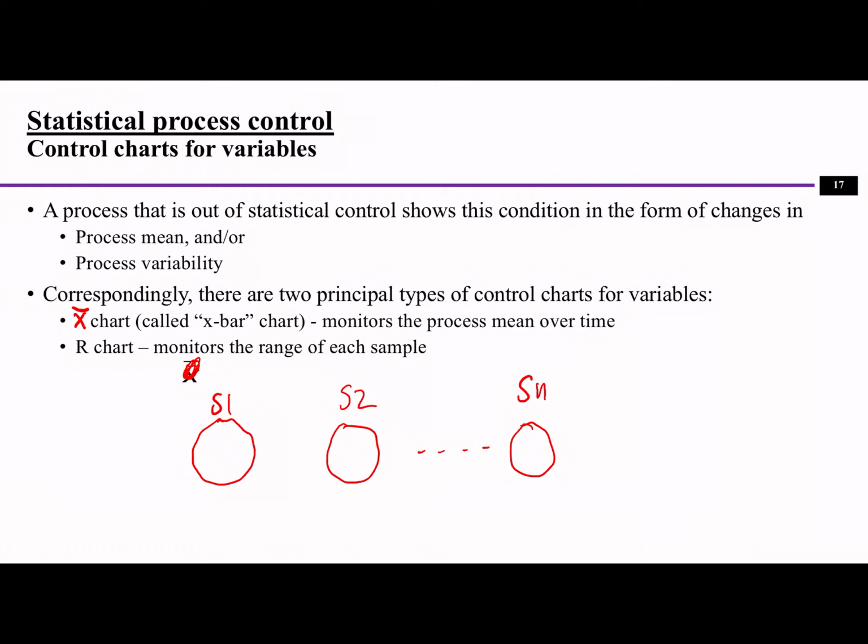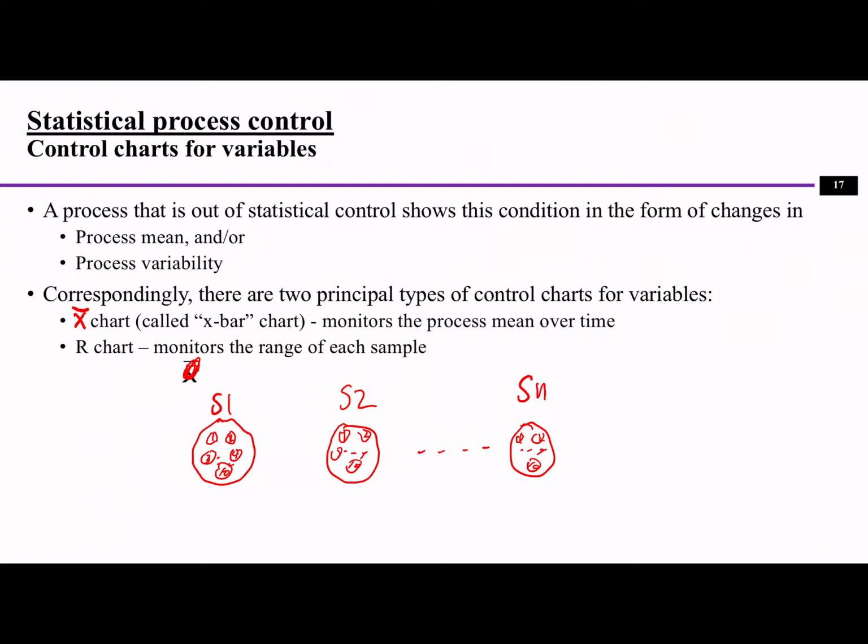For each sample, you select different apples. Each sample you choose 10 apples: 1, 2, 3, 4, up to 10. Same here, 1, 2, 3, up to 10.